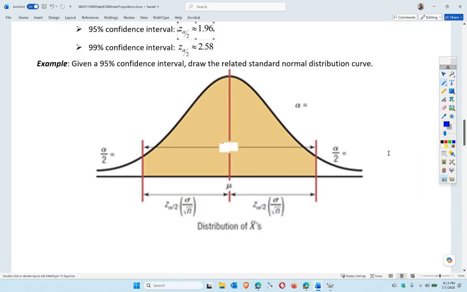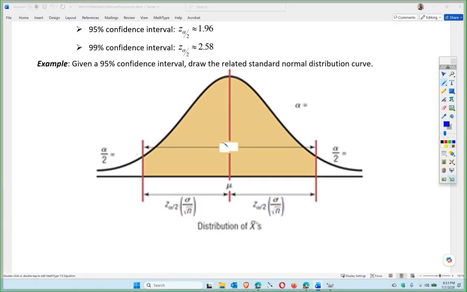If we want a 95% confidence interval, this is 0.95 here, right? So we're 95% sure our answer falls in this region, which means alpha is 0.05.